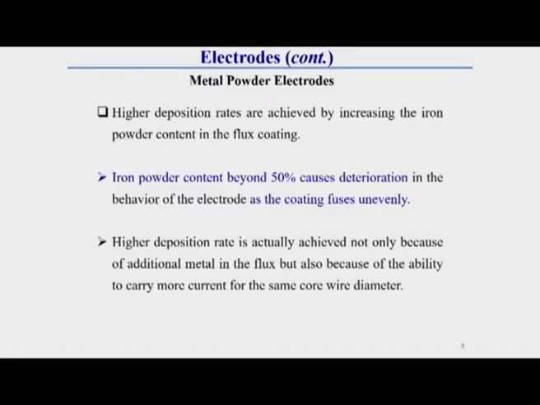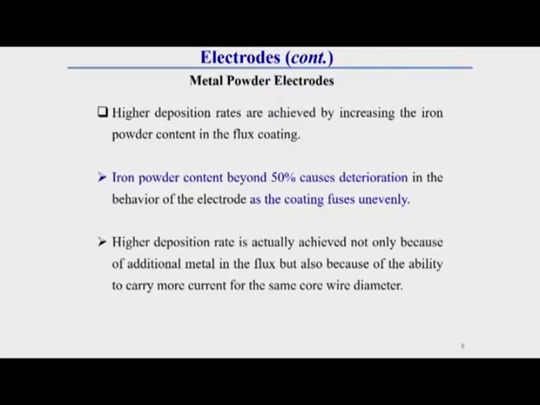But one thing you should keep in mind, as I told you on the first slide about this flux coating, the metal powder should not exceed 50%, because if we use more than 50%, the electrode behavior generally deteriorates. Why does this deterioration occur?